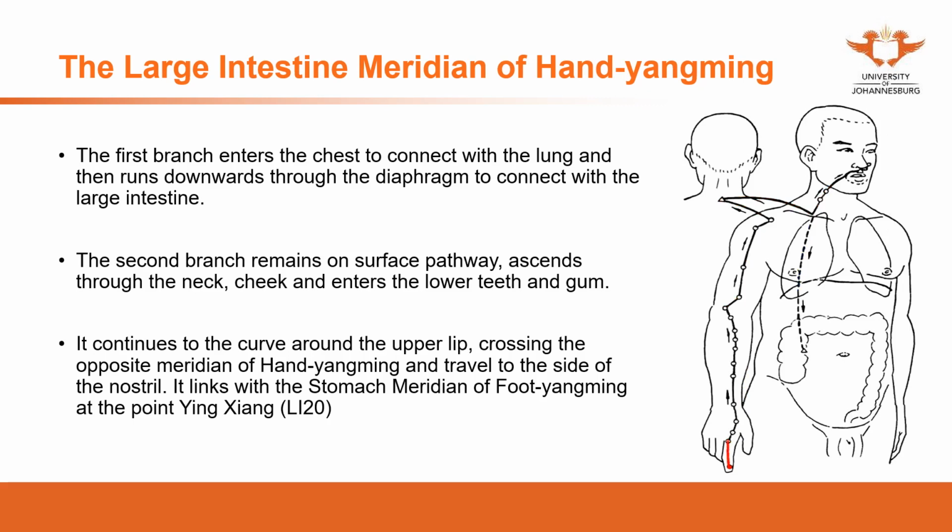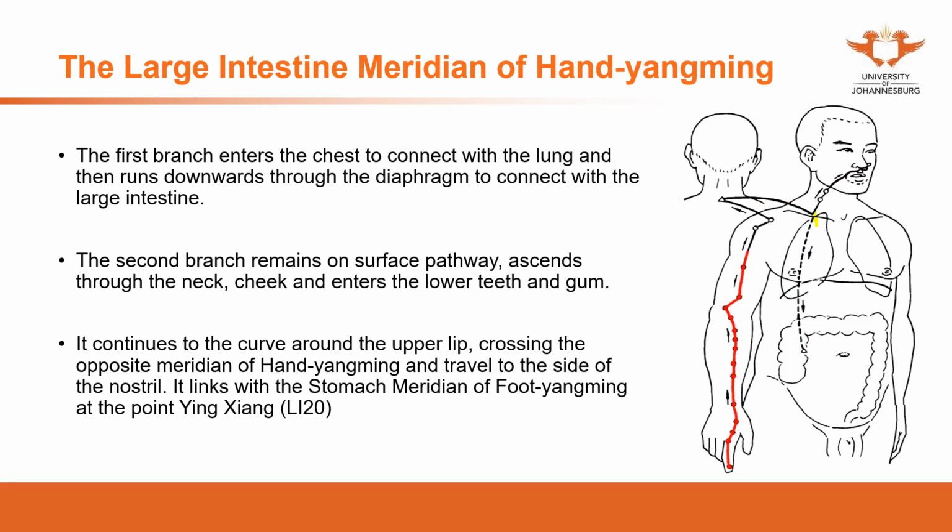The first branch travels... So the pathway from the fingertip to the shoulder, to the back and then to the supraclavicular fossa is the superficial pathway on the skin, and then from here one branch travels internally into the body.